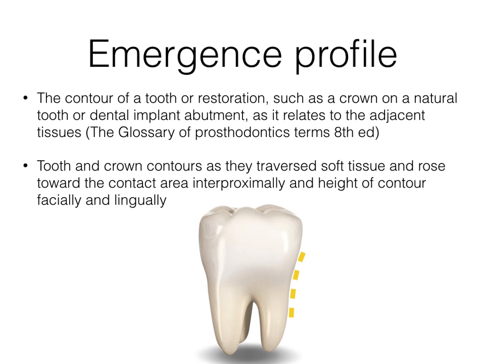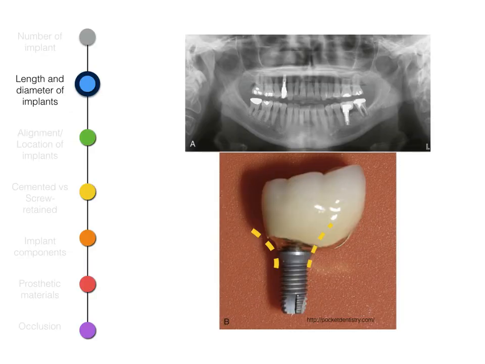So the emergence profile is actually about the curvature from the root to the crown. In implant restorations, it is related to the implant body width to the crown width.